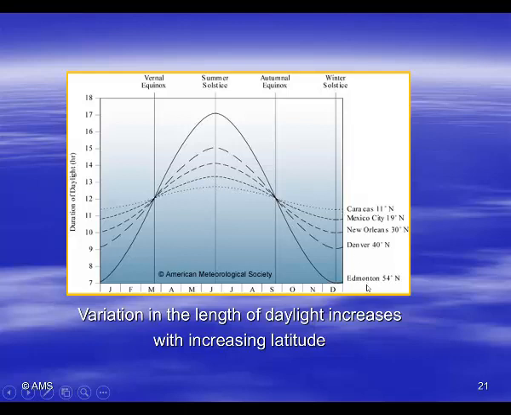As we move up to Edmonton, which is at about 54 degrees north, in the winter we get about 7 hours of daylight, and in the summer we get about 17 hours of daylight. So the change in daylight hours between winter and summer becomes more extreme as we move away from the equator.